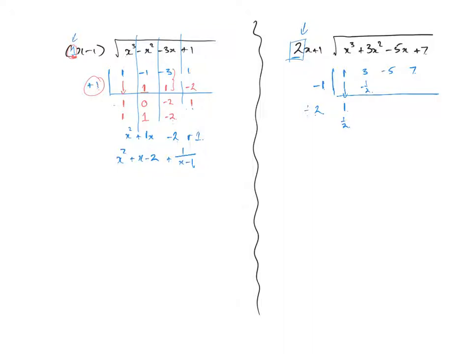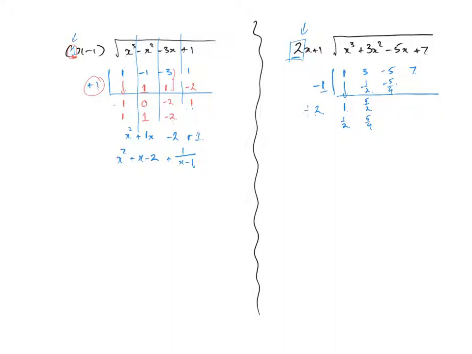Okay, add these together. So I get 6 on 2 minus 1 on 2, which is 5 on 2. Divide that number by 2, which gives me 5 on 4. Then multiply by that -1, and I get -5 on 4. Okay. Add these together.